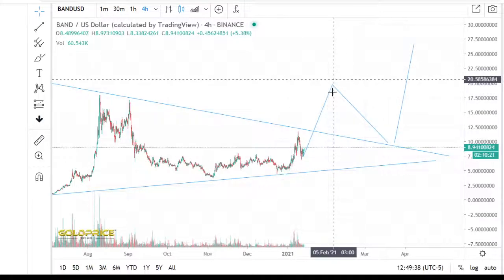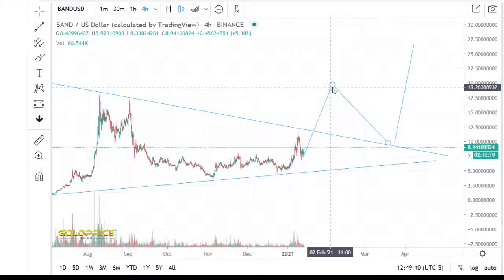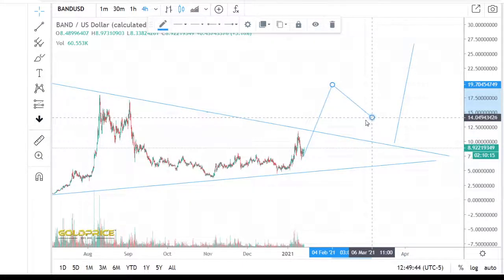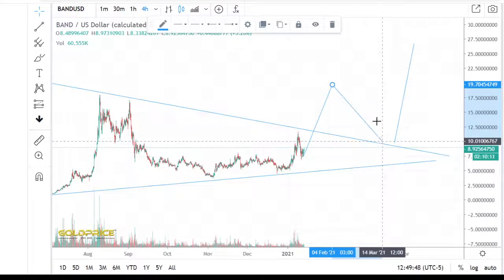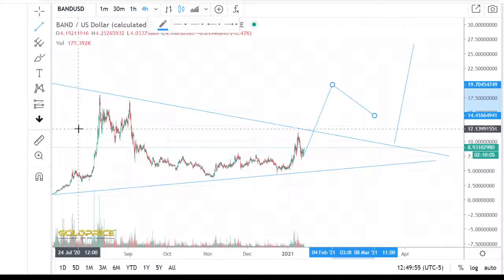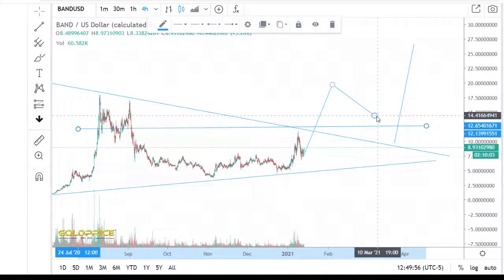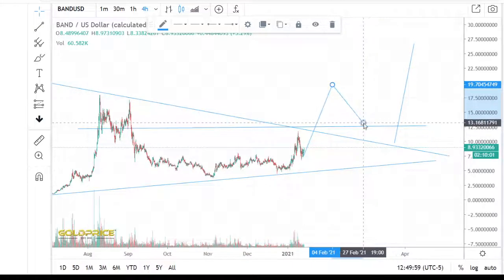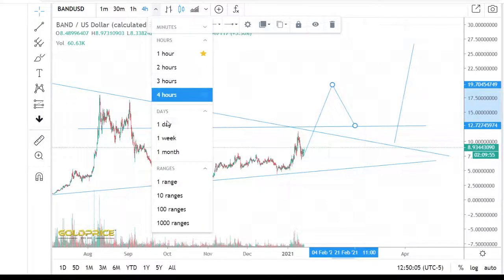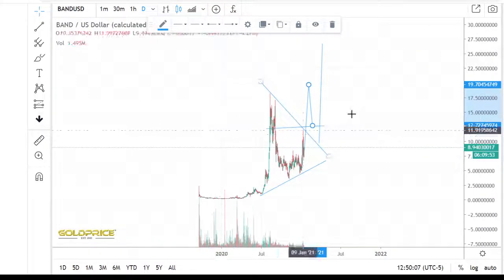Let's think we will go to this top side, and it can be possible that we can go back in this area, or we can stay here in this area, because we have good support lines in this area. Yeah, so it makes sense that we can stay at these levels, 19, then back to 13, 14 in this area. Then we have to look more in detail.